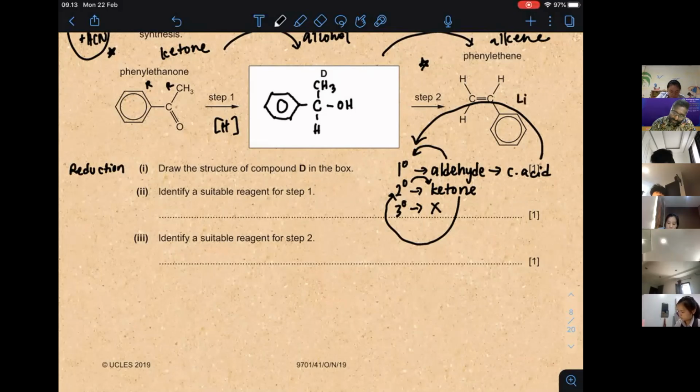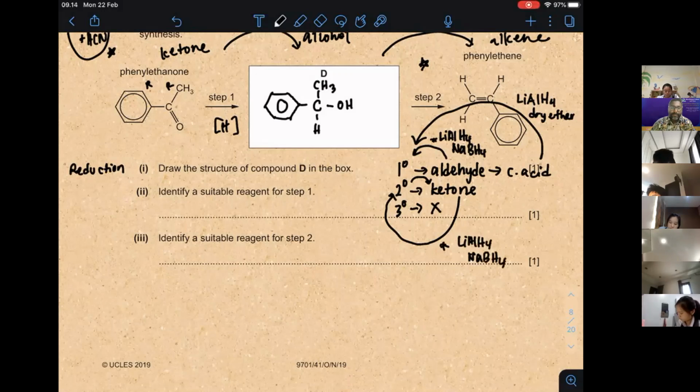The stronger reducing agent is LiAlH4 in dry ether. This is a strong one. We do not use NaBH4 here. For this one we have to use it, but for the other two, you can use both LiAlH4 in dry ether or NaBH4.